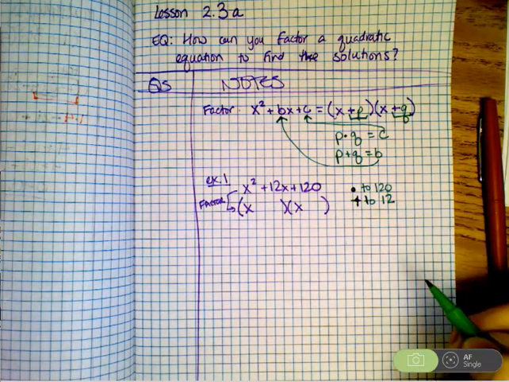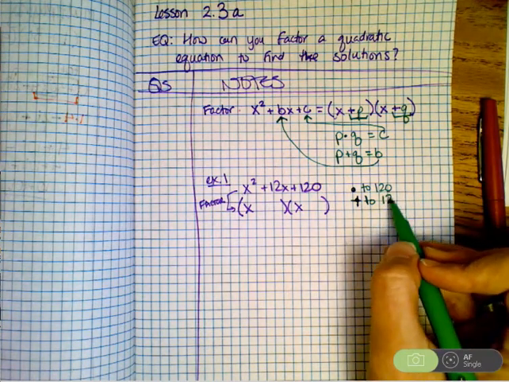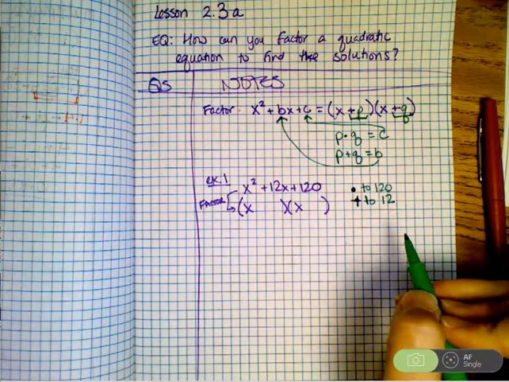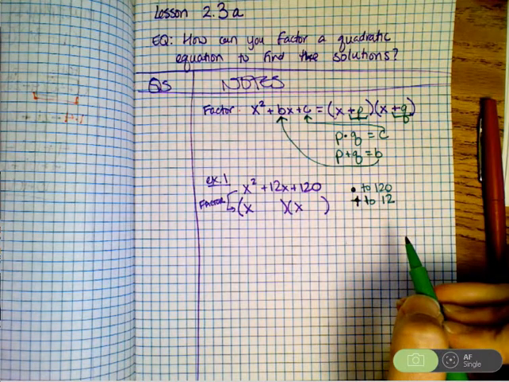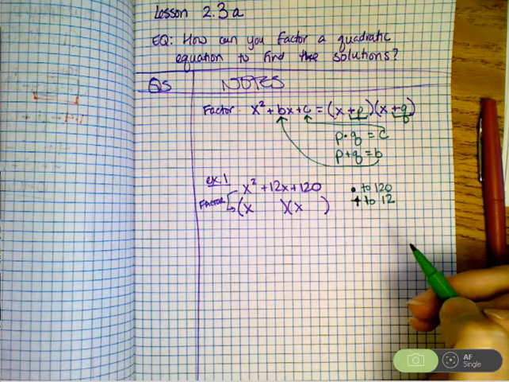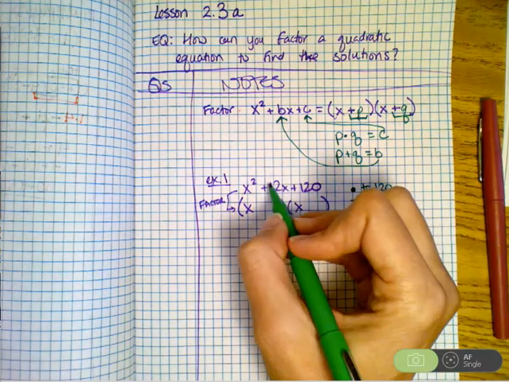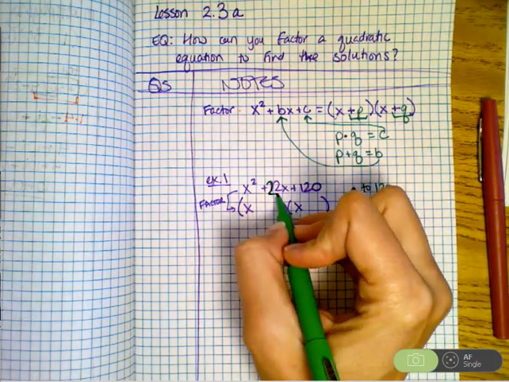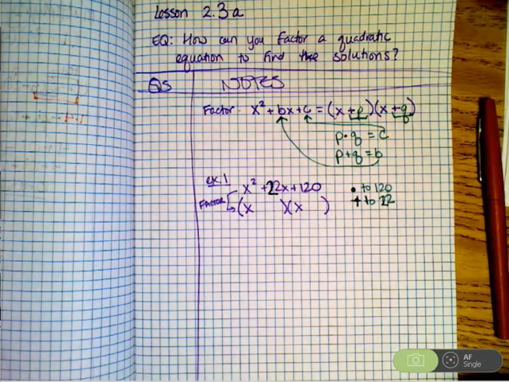So some of you are probably already thinking about those numbers, and that is not right. I wrote the wrong problem. This should be a 22. There we go. Multiply to 120, add to 22. I don't want to start over. I make mistakes. You know that. You'll get used to it if you're not already.